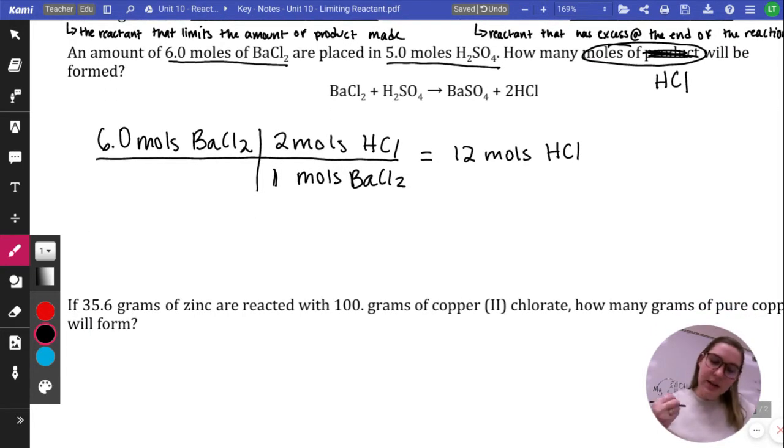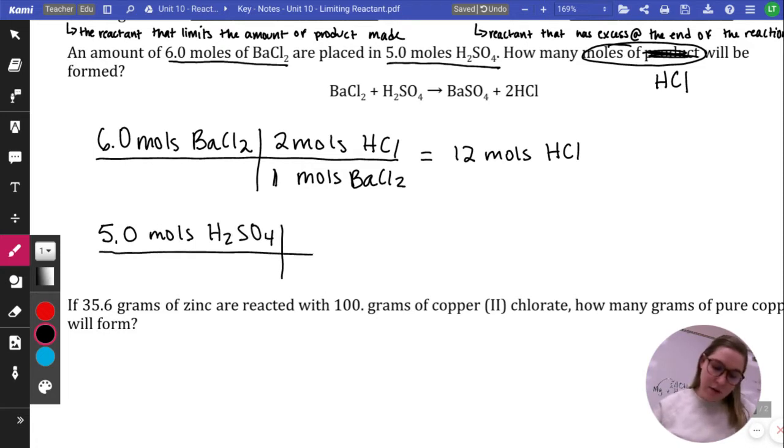All right, then we'll take our second given. My second given is going to be 5.0 moles of H2SO4. And I'm going to solve it the exact same way. According to my balanced equation, again, I'm already in moles, so I'm just going to go into my mole-to-mole ratio. Don't want moles of H2SO4, so I'm going to drop it low.